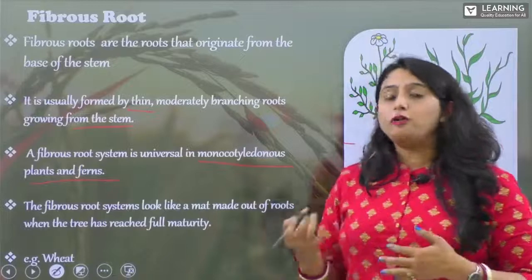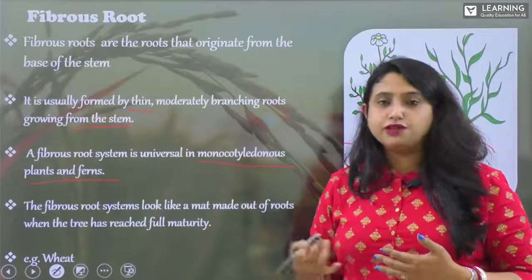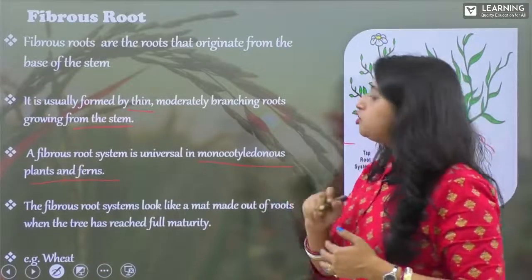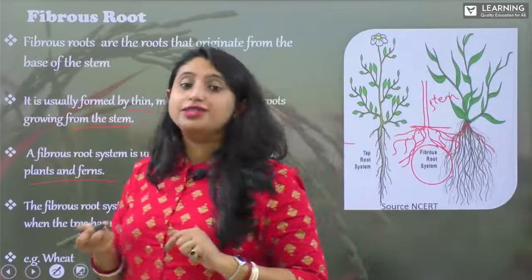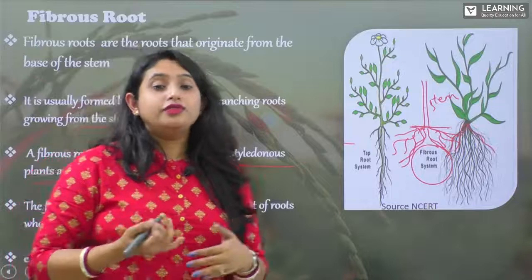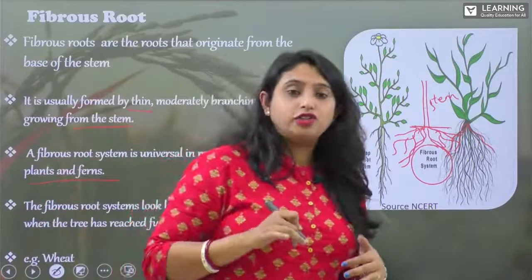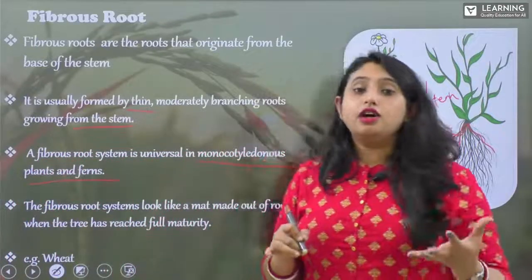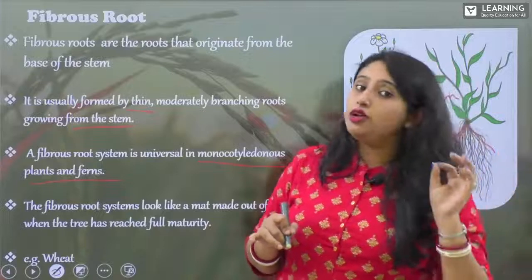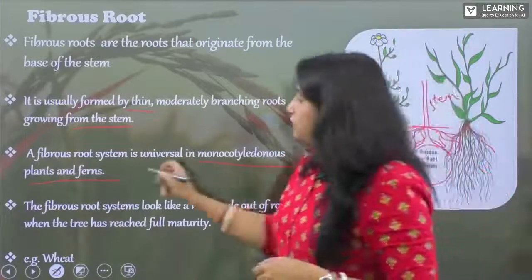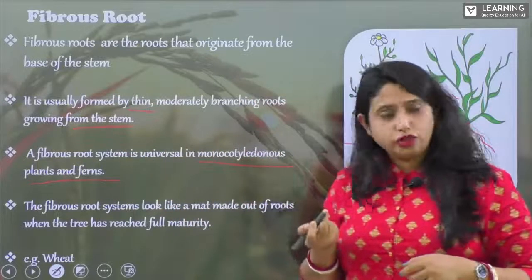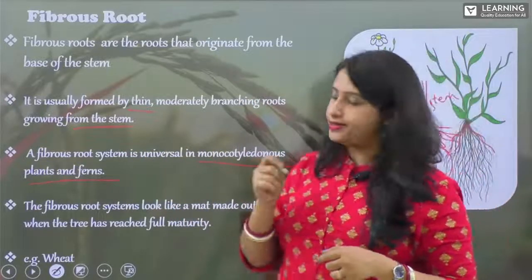So in case of this plant, you will see this fibrous root system. You remember we have learned about the pteridophytes, the plants which do not bear flowers, the ferns. They have this kind of root system, your fibrous root system.